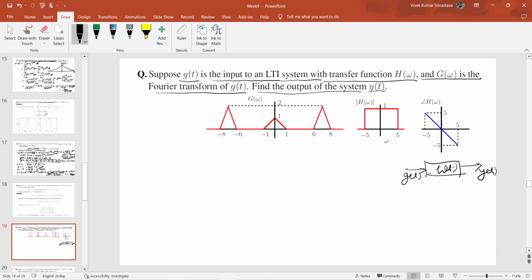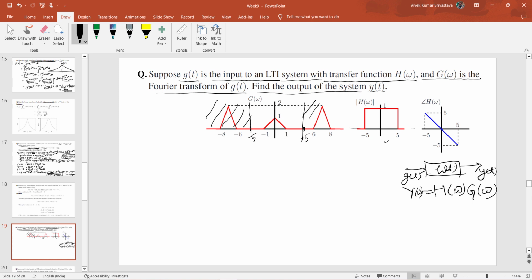Once you multiply h of omega with g of omega to obtain the output, you will get the output which will be only within the range of minus 5 to 5. Although by multiplying these two signals we can see that the output will be defined within the range of minus 1 to 1, because above 5 and below minus 5 this will be 0.